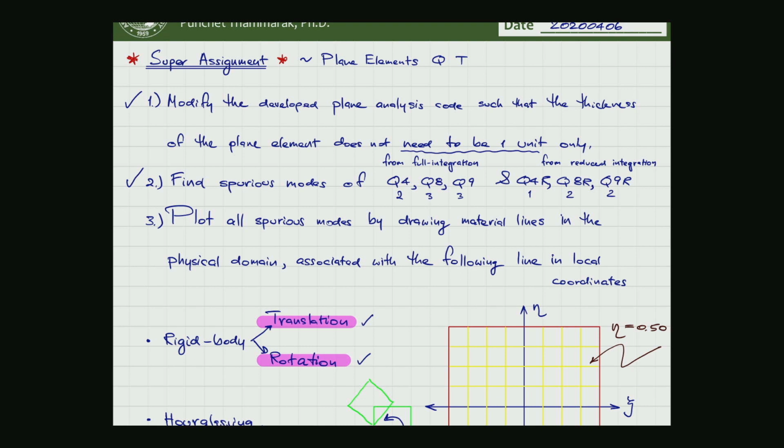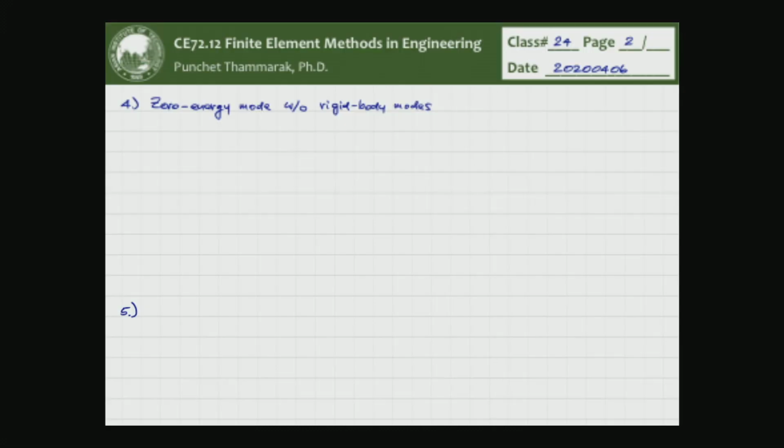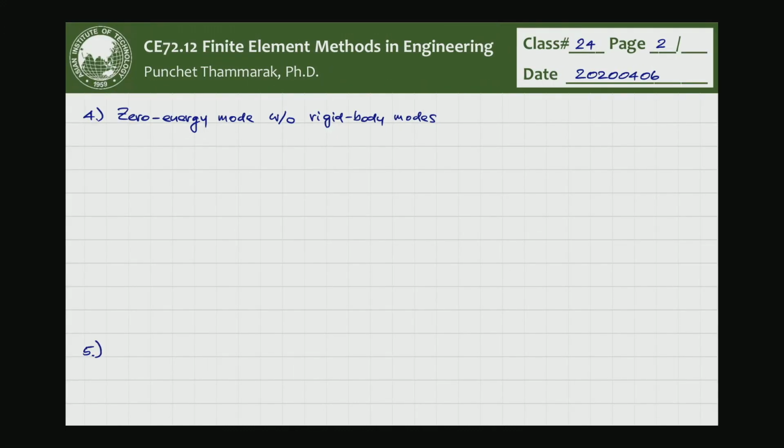In order to find spurious modes, I covered in maybe the last class, or in class number 22 already, that we are going to find the eigenvalue of the matrix. Over here, if we have the k, just recall, k times u was supposed to be in the global coordinates, multiply, and then you get the f, and f is a force vector.